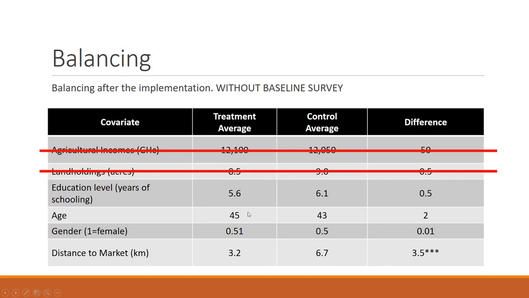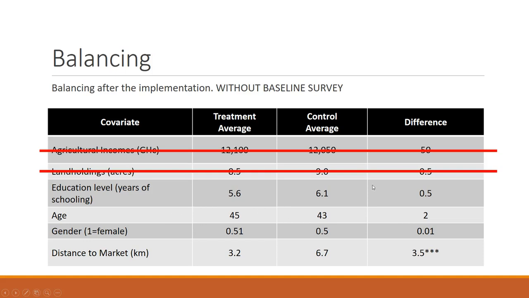We only include variables that wouldn't be affected by the treatment in our balancing test if we are conducting our balancing test after the implementation of the intervention. If we see that these variables which are not affected by the treatment all balance, that means they're all statistically insignificant, that supports our claim that our randomization achieved statistical independence.